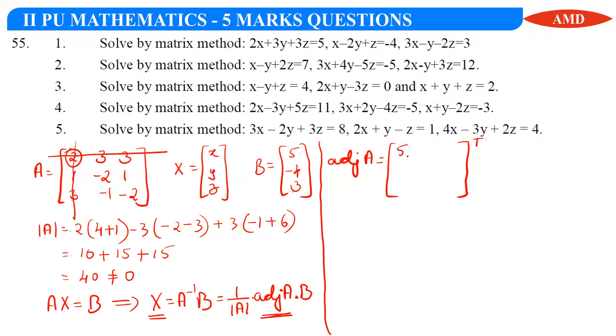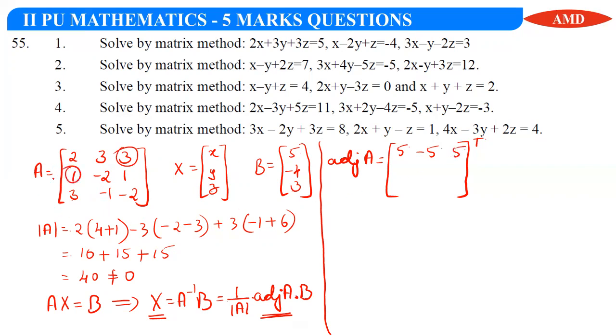So this is the minor of it. Next, to find the minor of the next element, that is 3, ignore the first row and the second column. The submatrix determinant would be 2 minus 2 minus 3, which is minus 5. Next, in the same way, the minor of the third element is, again, minus 1 plus 6. That becomes plus 5.